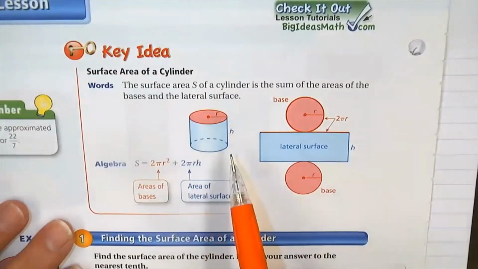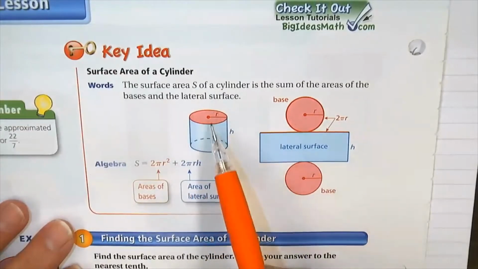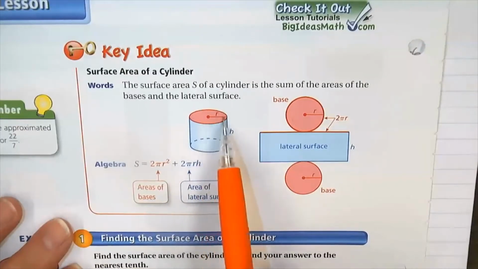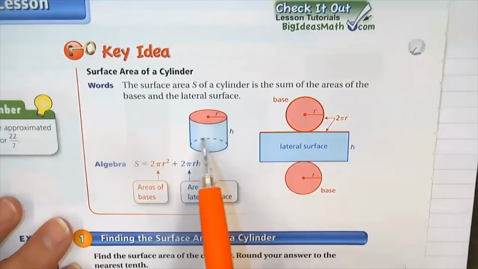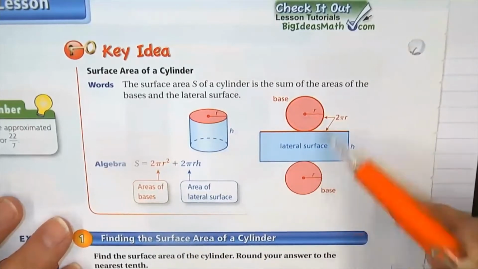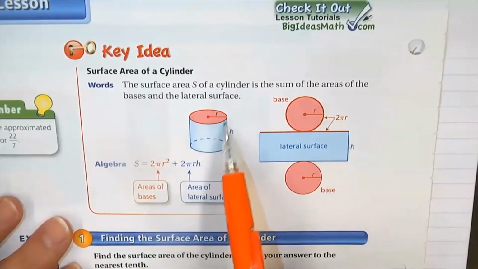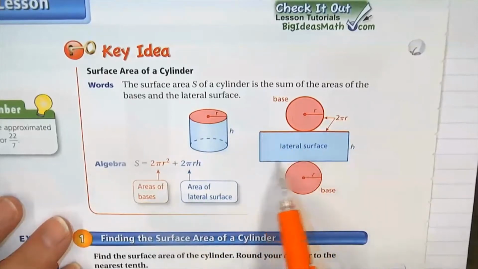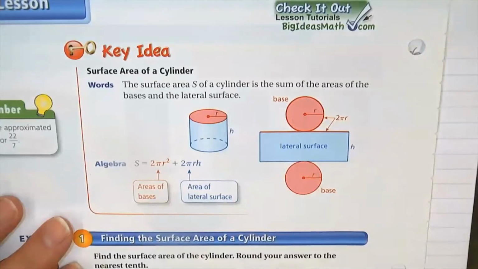The surface area of the cylinder, here's the cylinder. We have a circle base. We've got one circle base and a congruent circle base down here. So we have two congruent circle bases. And then when we unfold this, the edge right here becomes a rectangle, and it's called the lateral surface.